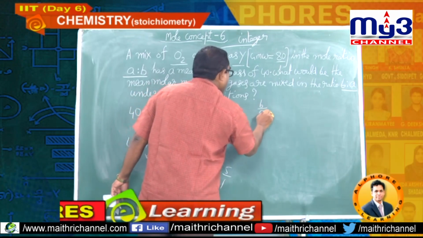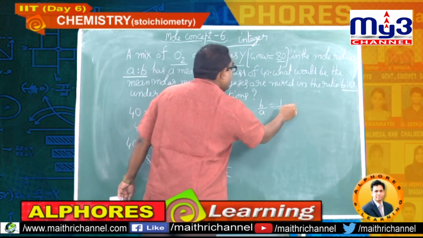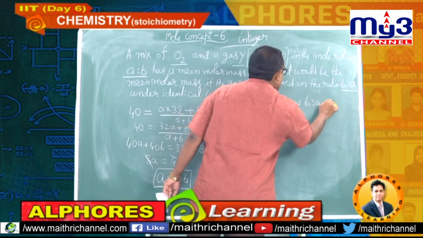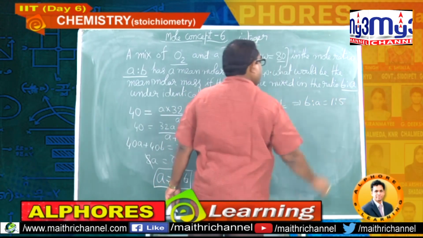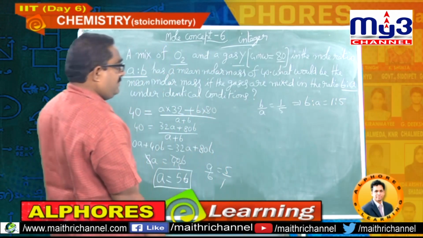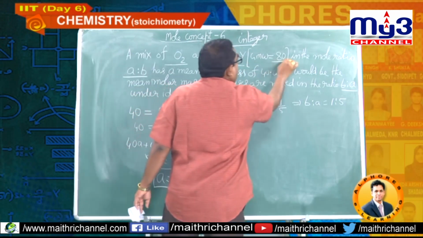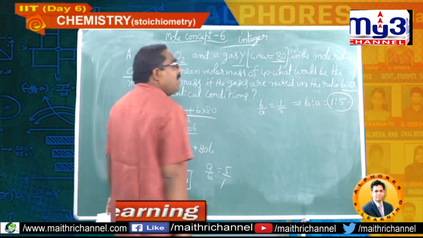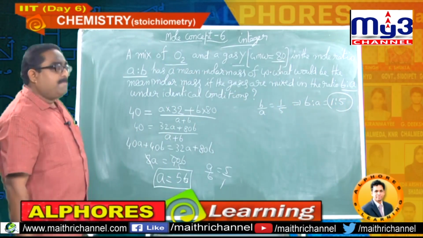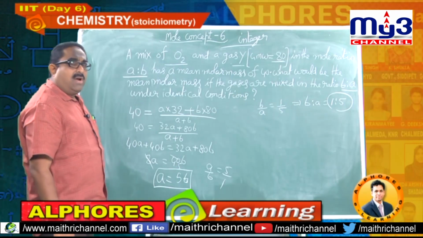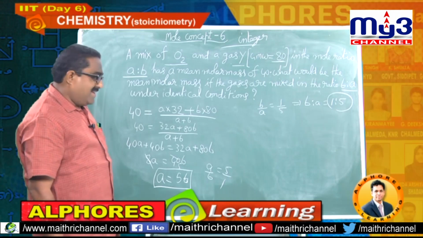B by A is equal to 1 by 5, which implies B is to A is equal to 1 is to 5. So this time we have to take these two gases in the molar ratio 1 is to 5, and then calculate the average or mean molar mass.